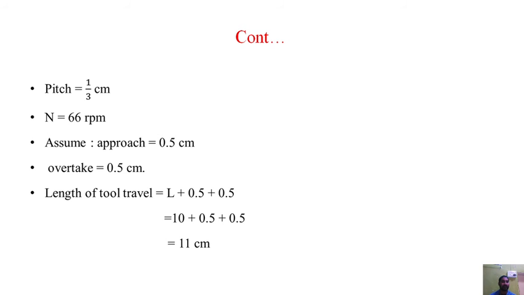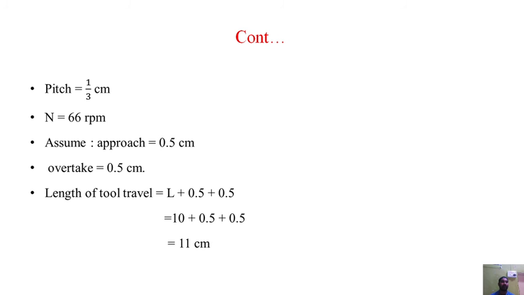The pitch is 1 by 3 centimeter, rpm is 66, and assuming approach and overrun as 0.5 centimeter each. You can take any value, don't worry about these things, because you are assuming. You can take 0.7 total as well. You can take any value, but you have to mention how much you have taken.